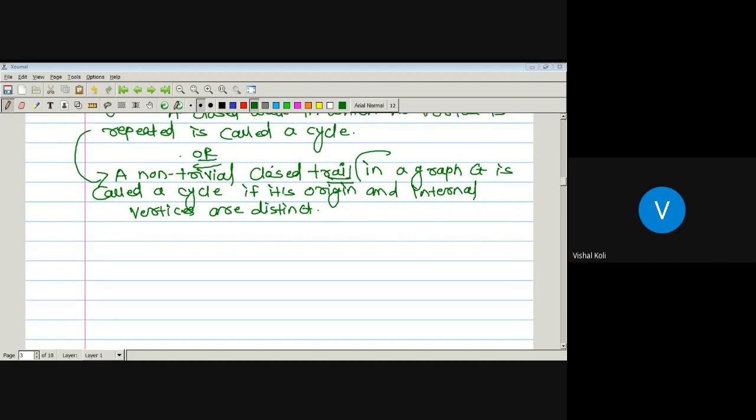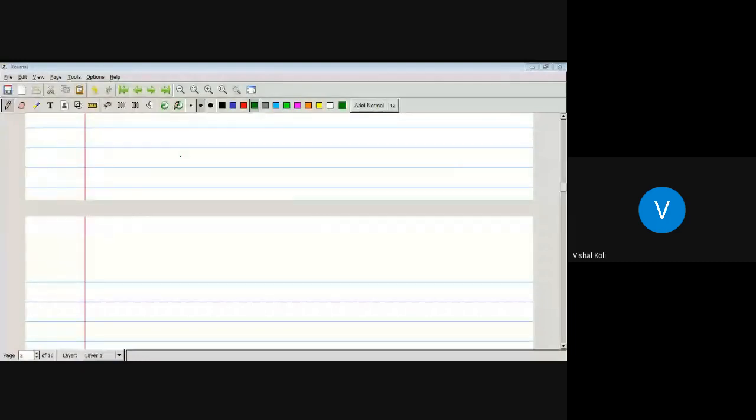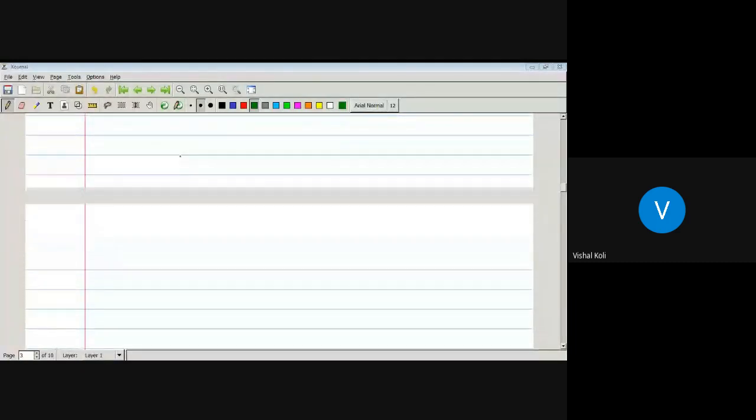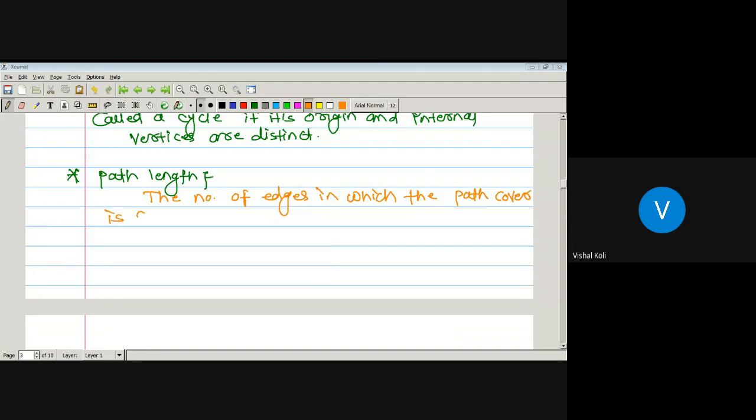Now the next concept is the path length. The number of edges that the path covers is called the path length.